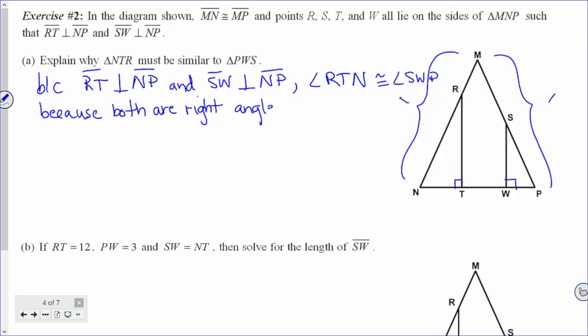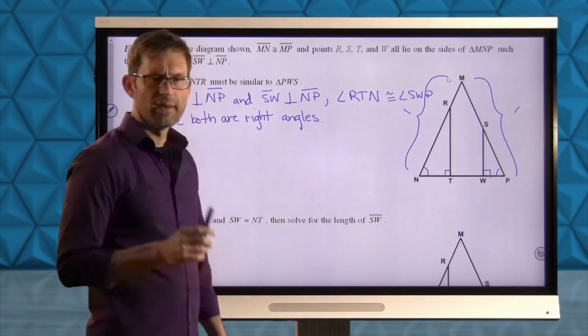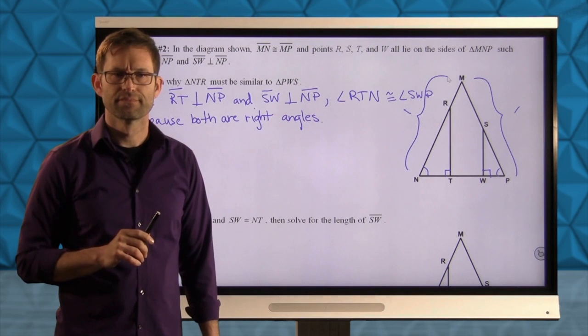All right. So that gets us one angle pair. But how do I get the other angle pair? Did you figure that out? Well, we can get another angle pair by saying angle N is congruent to angle P. Now, why do I know that?